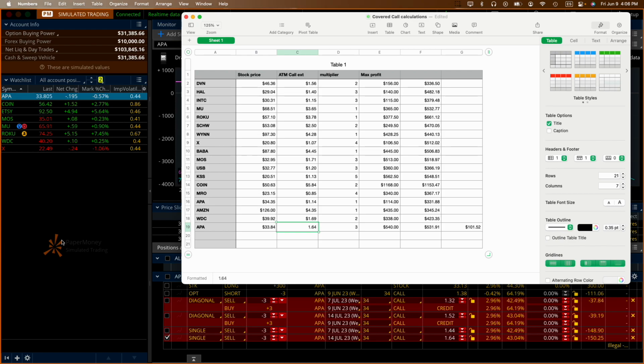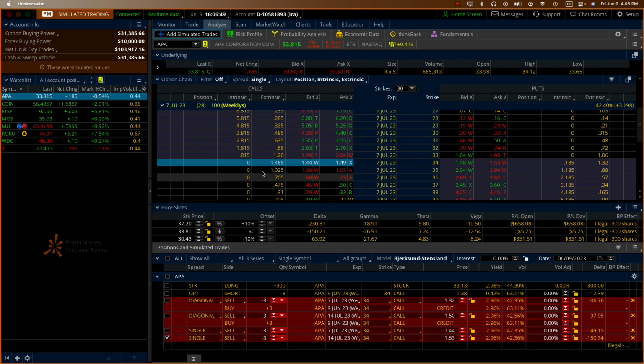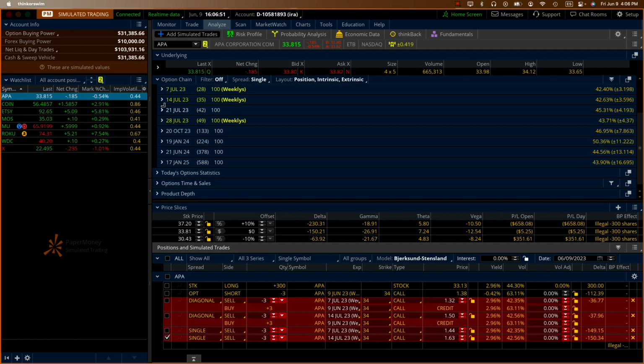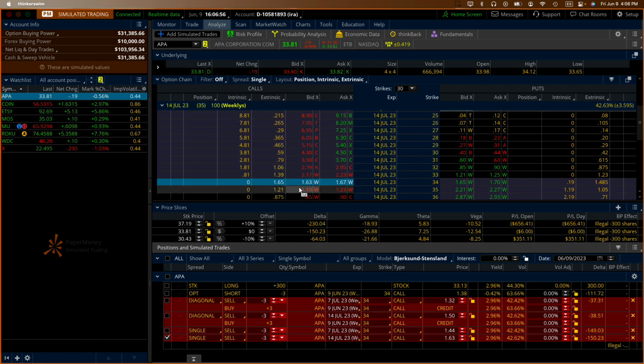But you can look it up just to verify. Look at the chart right over here. The 14th, 1.65, 1.63, the extrinsic value is 1.65. Okay, well, let's put 1.65.